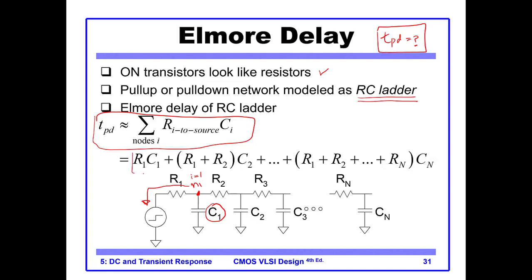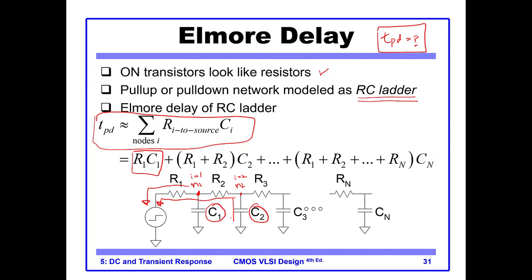So we multiply these two, we get R1C1. Okay. Next we come to node 2. Here i is 2. What is the capacitance on the node? It is C2. And then I start from node 2 and I move all the way to the source. So how much is the resistance I see? It is R1 plus R2, times C2.